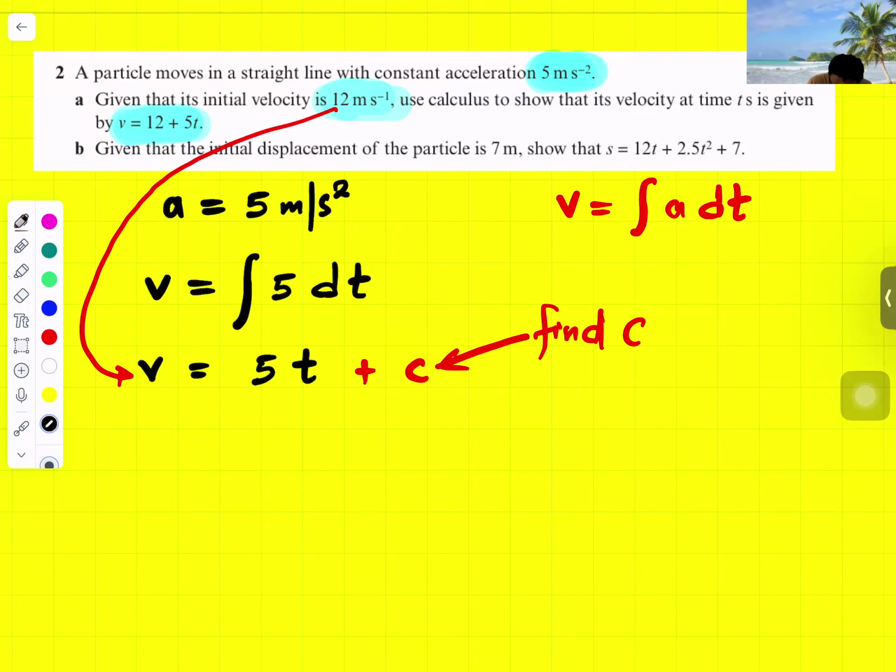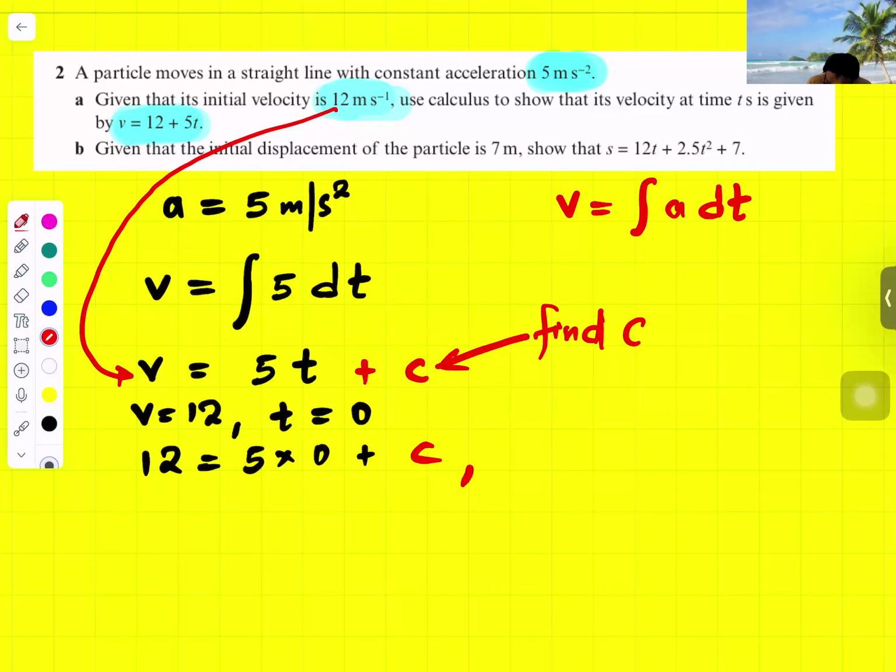So we write that v is equal to 12 and t is equal to 0. So sub that in. 12 is equal to 5 times 0 plus c. That will mean c is 12 because 5 times 0 is 0.